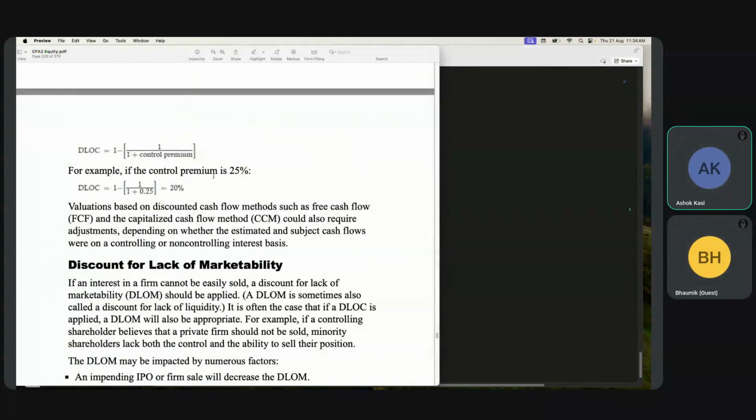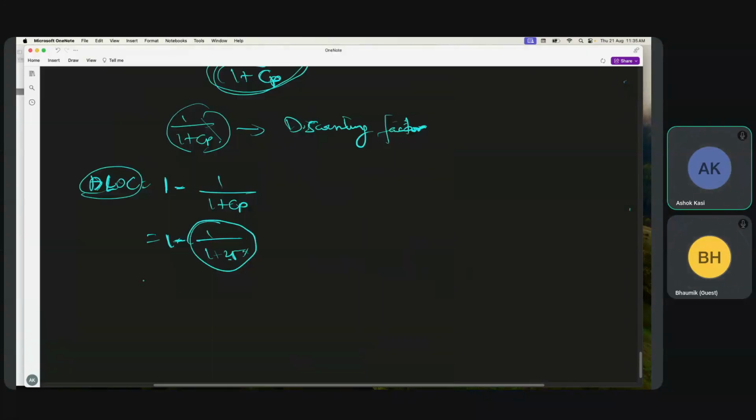So that comes to, just calculate, is it coming to 20 percent?